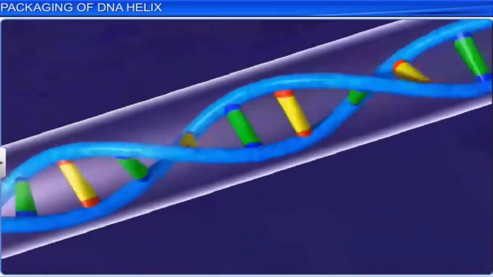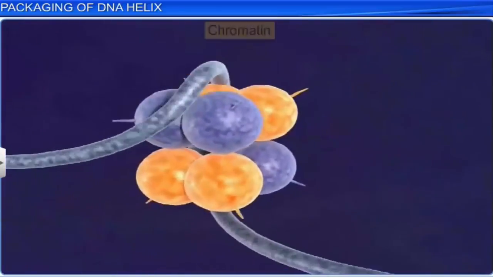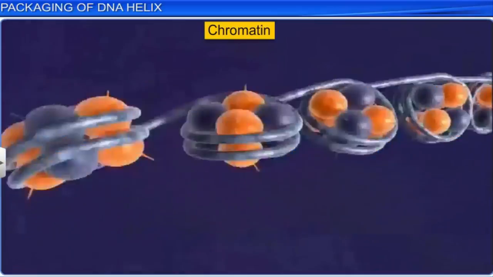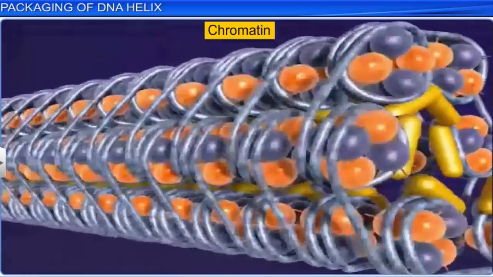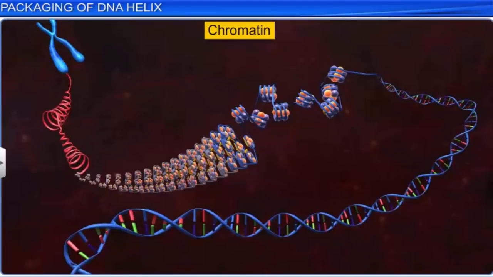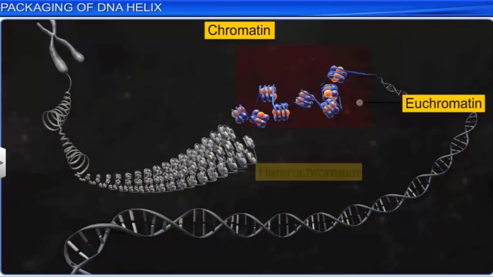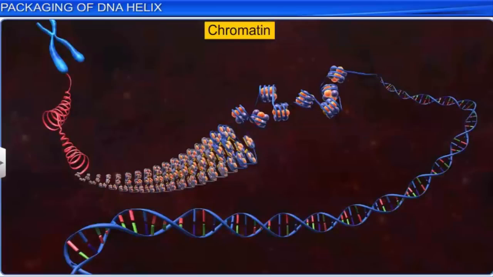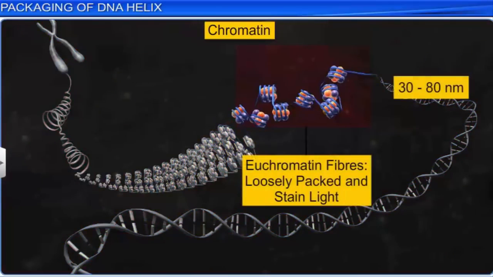It is the nucleosomes that make up the repeating unit in chromatin, the thread-like bodies present in the nucleus. Now, the chromatin fibers are of two types, euchromatin and heterochromatin. In a typical nucleus, euchromatin fibers of 30 to 80 nanometers in diameter are loosely packed and stain light.